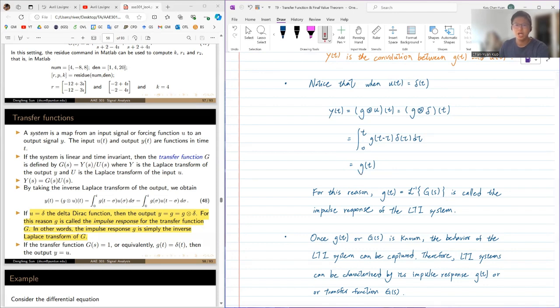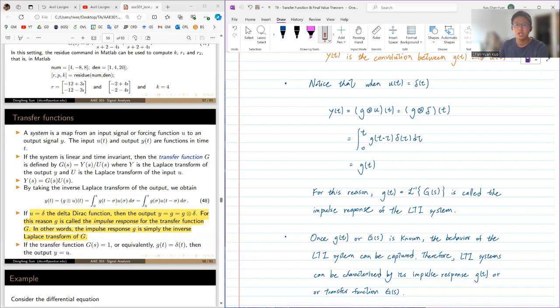In other words, the output of an LTI system when the system is subject to an impulse function will be g(t), which is the inverse Laplace transform of the transfer function. And for this reason, g(t) is called the impulse response of the system.